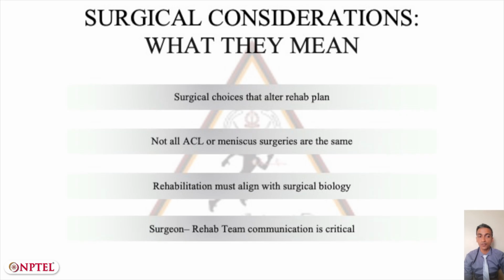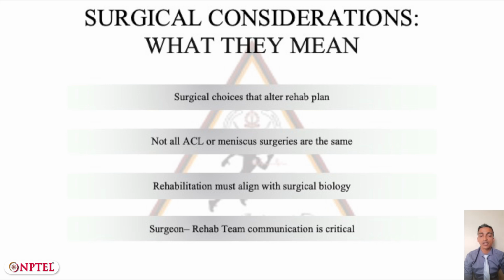The type of graft used, whether it was patellar tendon or a hamstring tendon, the fixation method used, whether it is an aperture or a suspensory type, and whether the meniscus or cartilage is repaired or a part of it was removed, will all change how the rehabilitation protocol is planned for a particular patient.